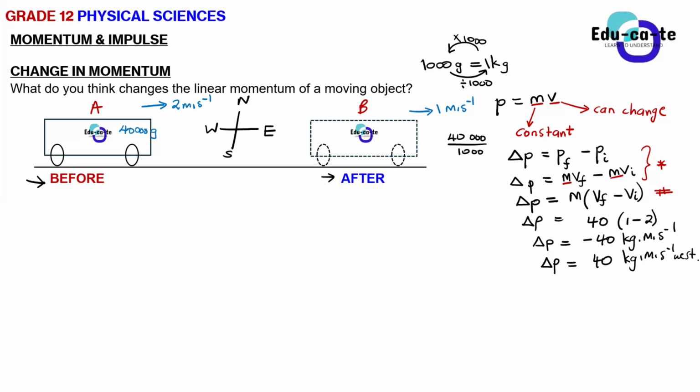That is why I put a wrong on Semli's answer, not because I was brutal or maybe I'm a bad person with a heart, or no, I have a heart of stone. No, it is to really emphasize that the change in momentum and the momentum itself have a bit of a difference when it comes to the directions.